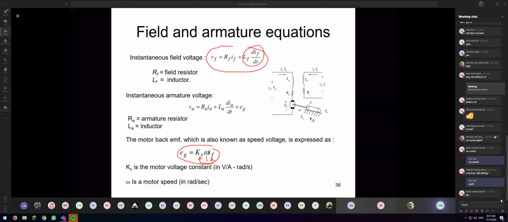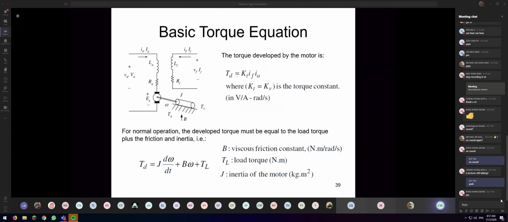Then this is the speed, the speed of the motor shaft turning. Then the torque is also the same, but the torque now has an extra control. The torque is proportional to the field current. The Td here represents the developed torque, meaning the torque developed from the motor itself.